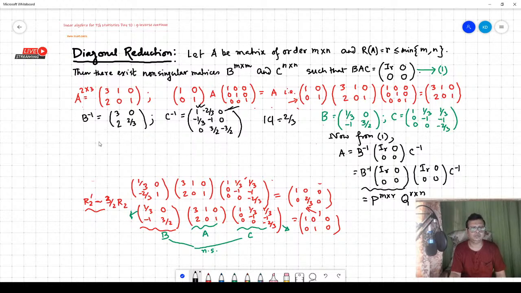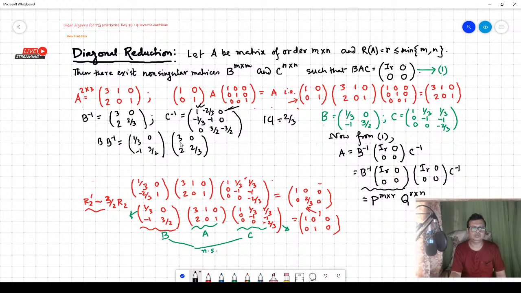I think it is wrong, Subrojit. You need to take the transpose of this matrix. If you take B inverse, then it should be 1/3 0, minus 1 3 by 2. I think you are wrong. I think you take a transpose of this matrix.